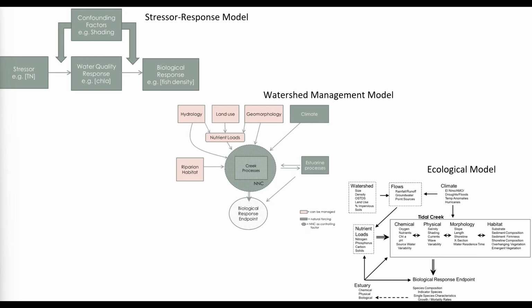In reality, for the criteria that we used, we ended up using a reference condition approach, because we really didn't find that there was a unifying stressor response relationship that could be used as a one size fits all to develop a single protective criterion value that would protect all of these creeks. There's really a lot of site specific complexity to it. So unfortunately, that means a lot more work and a lot more research to get where we need to go. Next slide, please.